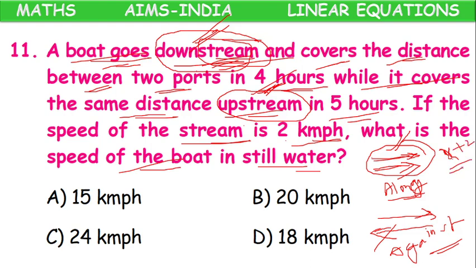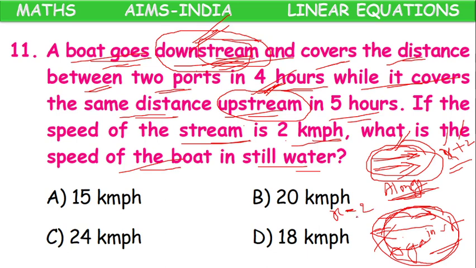Their total speed will be x plus 2, when you are traveling along the water, or downstream. When you are traveling against the water, you have to apply force to overcome that flow, so your speed will be decreased. For your speed, we have to subtract the stream speed. So your speed will be x minus 2. Downstream, x plus 2. Upstream, x minus 2.